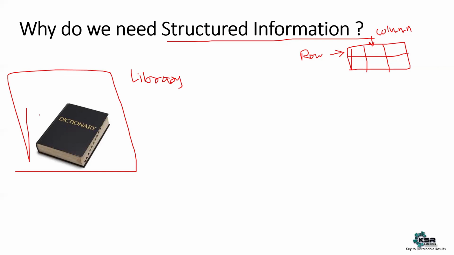So the dictionary as well as the library, both are in a structured format. And if you want to fetch any information from a dictionary, or you want to get any specific book from a library, it is very easy to grasp, because the information is in a structured format. So that is the importance of structured format.